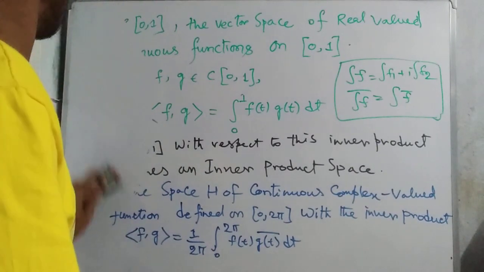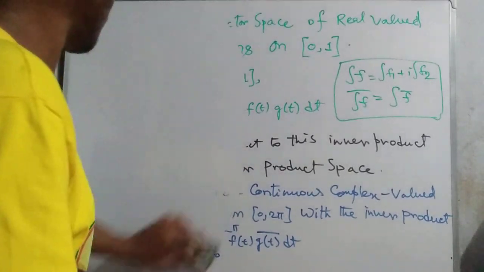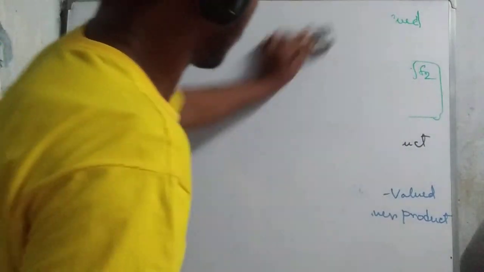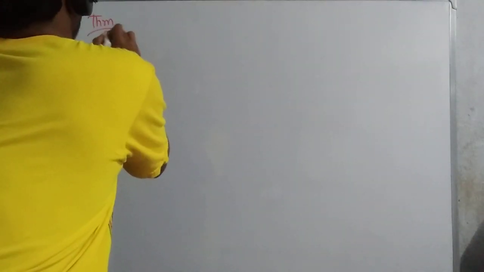We erase that portion and go on to further discussion of one theorem. We write here: Theorem.